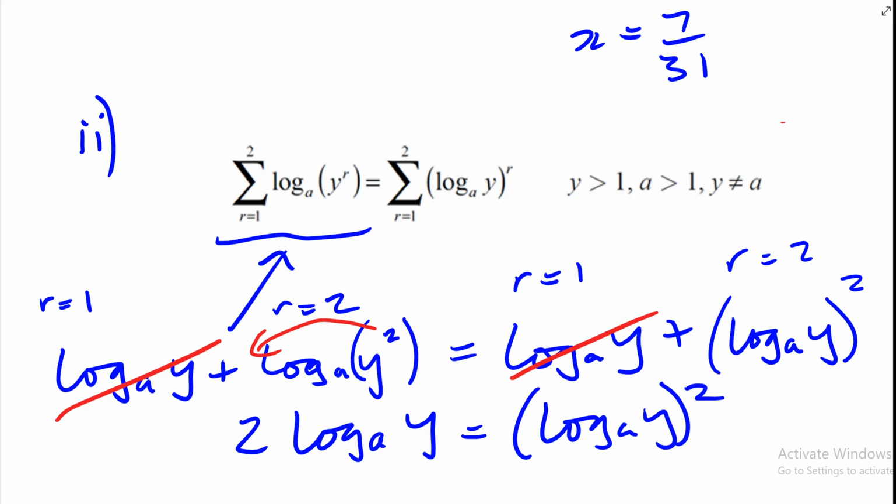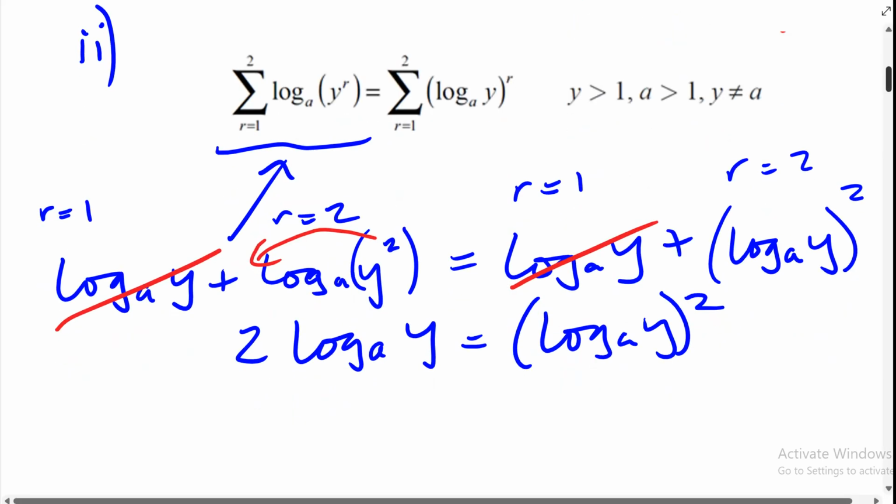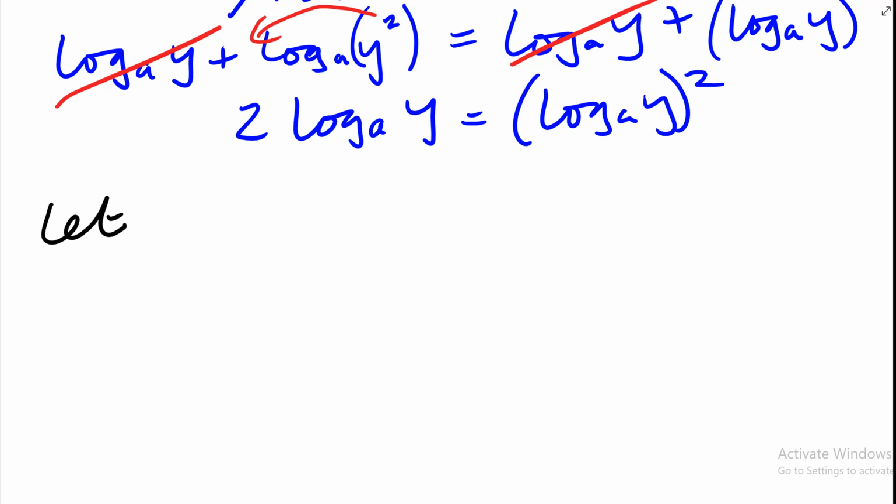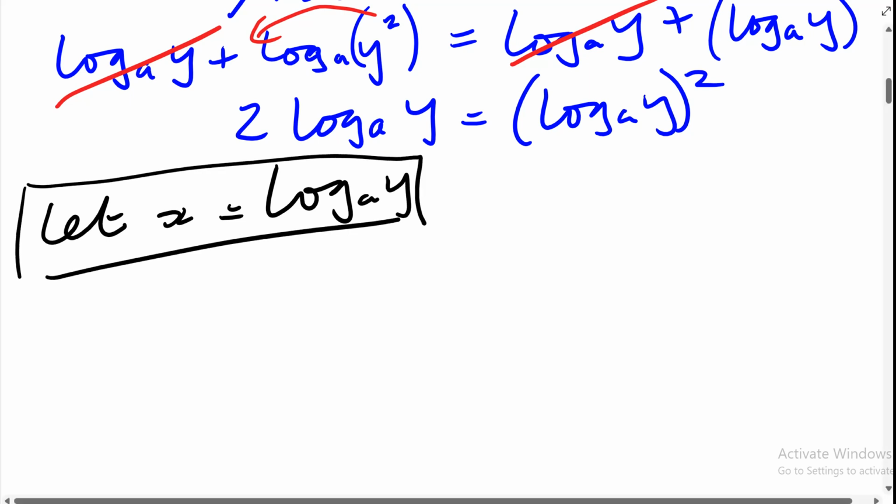Okay, now what you could do here is a substitution, because it doesn't look very nice, right? So you could, I don't know, let's let x equal log. You don't have to do this, but it might just all look nicer if you do this substitution.